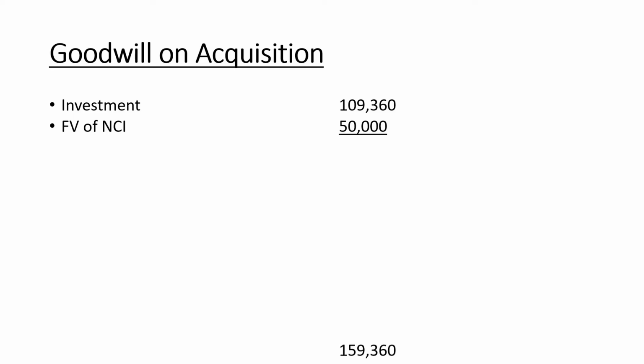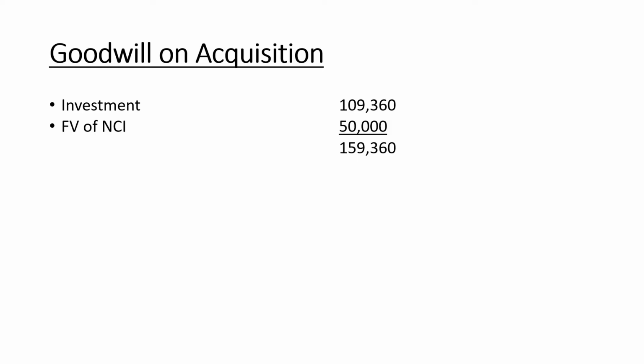So let's calculate the goodwill based on the information given. In the goodwill at acquisition, first we are going to put the investment, that is 109,360. For that we have to add the fair value of non-controlling interest, which is 50,000. Then the total adds up to 159,360.